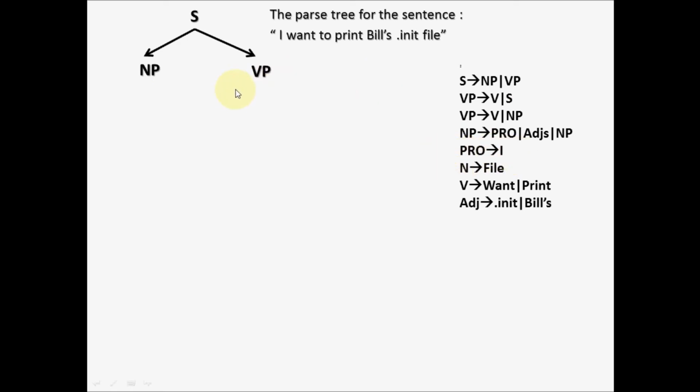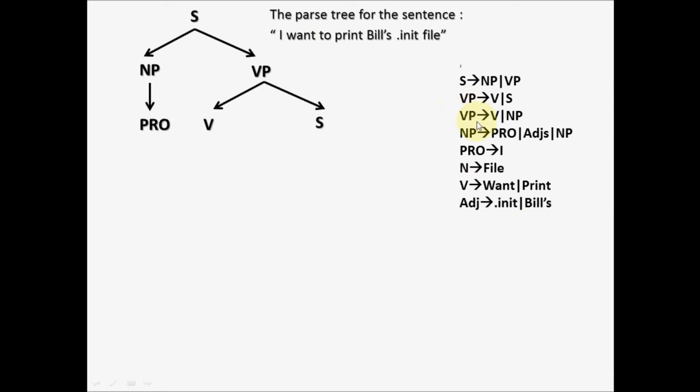Correct? Similarly, a verb phrase can be a single verb or an entire sentence, or a single verb or a noun phrase. So I replace noun phrase with pronoun, and I replace verb phrase with verb and S, that's a sentence. Notice that want is a verb. The second thing is a verb.